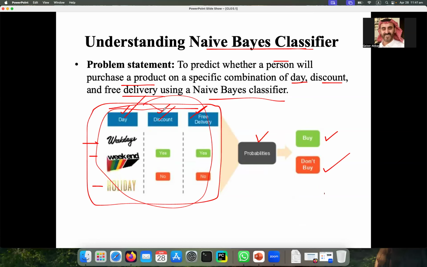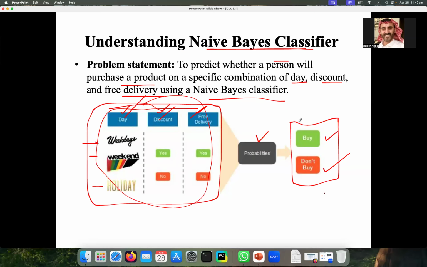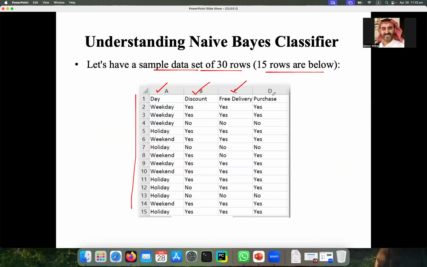The things which are the output of your model are called dependent variables. So we have to predict buy or don't buy, and whatever you want to predict must be part of your data set. So purchase means buy.